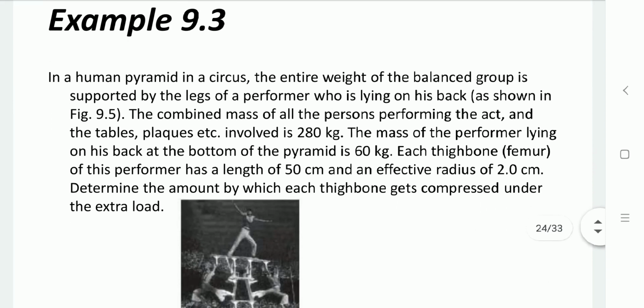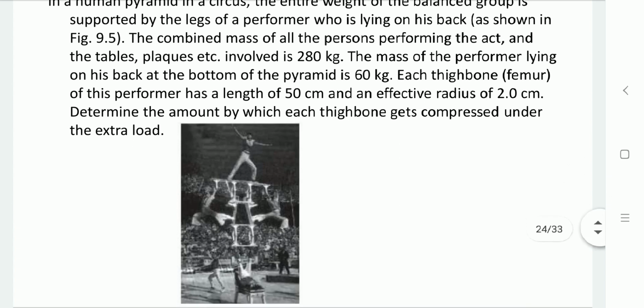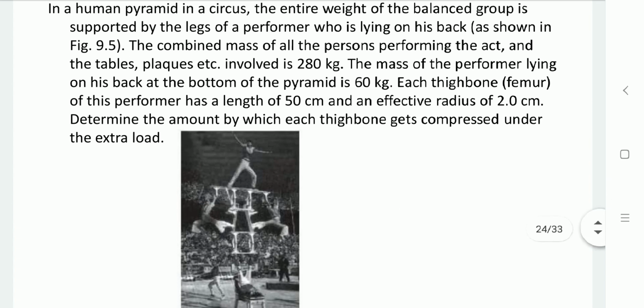Another example: in a human pyramid in a circus, the entire weight of the balanced group is supported by the legs of a performer who is lying on his back, as visible in the diagram. The combined mass of all the persons performing the act and the tables, plywood, etc. involved is 280 kg.